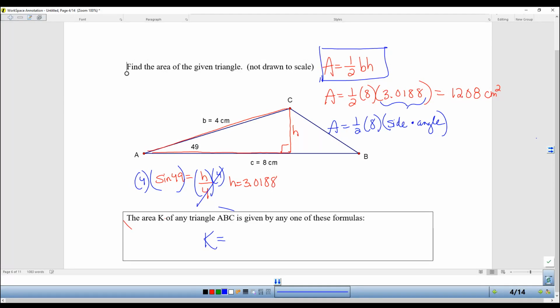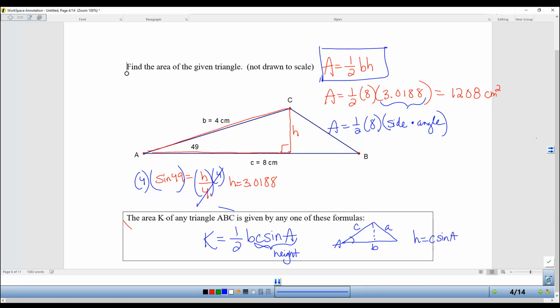So the new formula is that K is equal to 1/2 BC sine A. So what they did to account for this, which side, which angle, is they're saying if you do 1/2 the base, so let's call this base, and then this is side C, that would make this side A. So the angle that you want to talk about is angle A. So this part represents the height, because height is, we just figured it out, right? C times sine of A. C times sine of A.